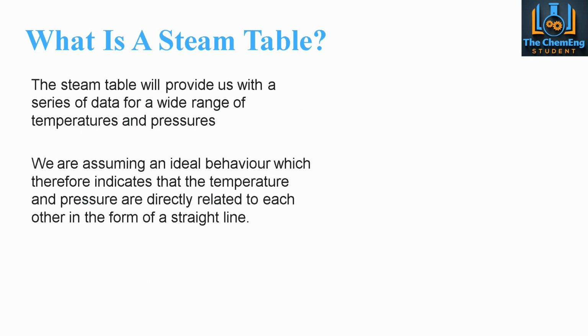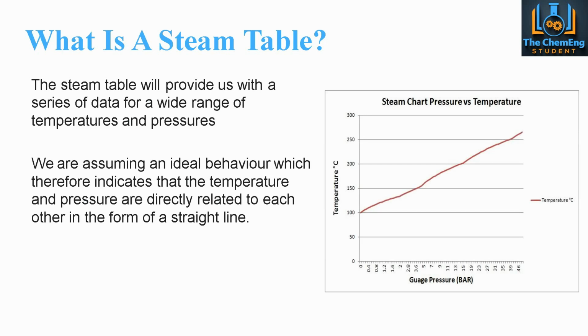Now, we are going to assume here an idealized behavior, which therefore will indicate that the temperature and pressure are directly related to each other in the form of a straight line. So it's near enough a straight line, so we approximate it to an ideal gas system. So essentially what it means is, if we know, say, the gauge pressure, we could draw up a straight line and then interpret it across, and that would give us the corresponding saturation temperature.